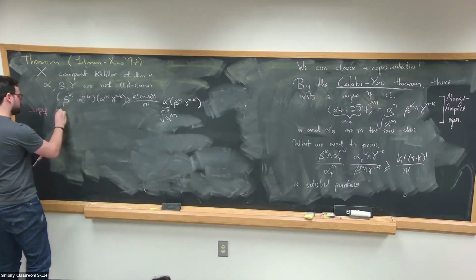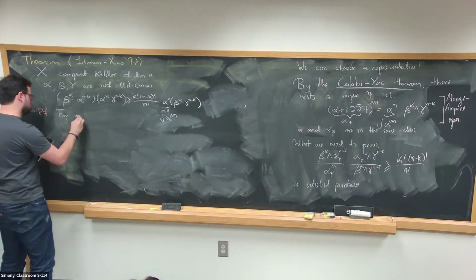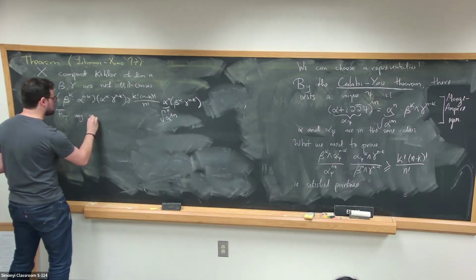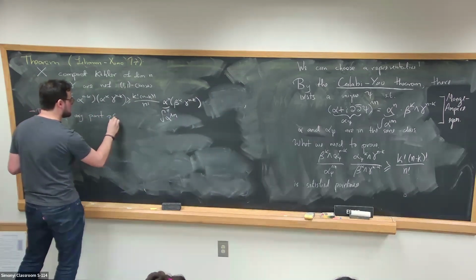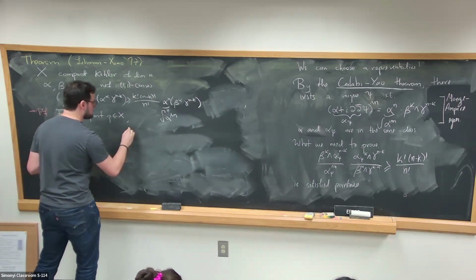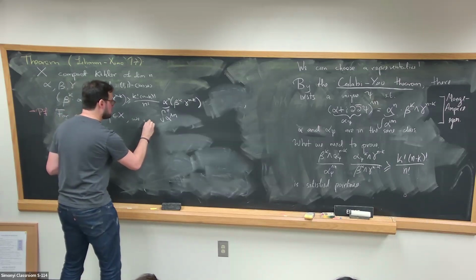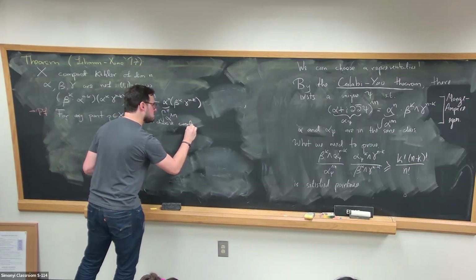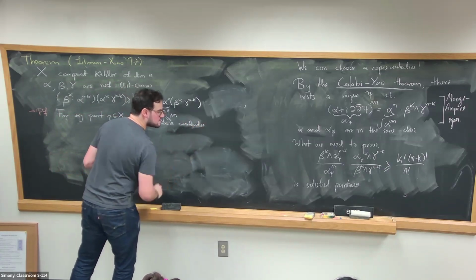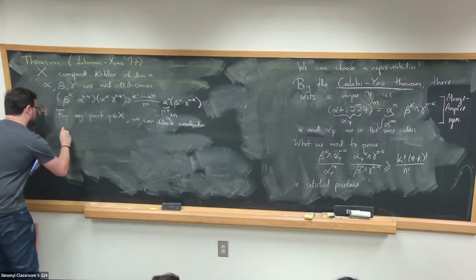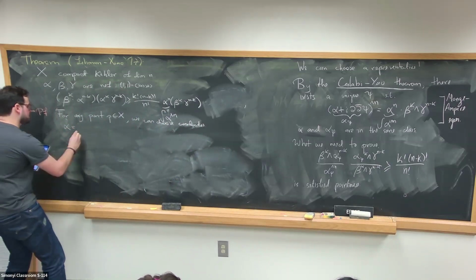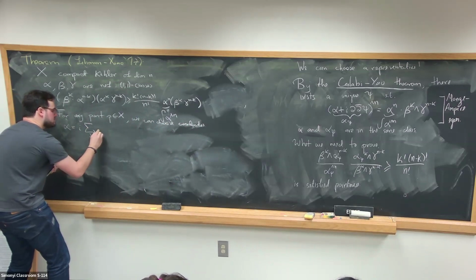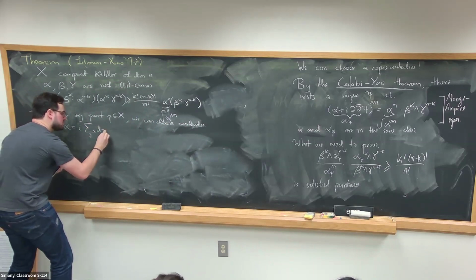So for any point P in X, we can choose coordinates so that alpha is just the sum of the dz_i wedge d z-bar_i.